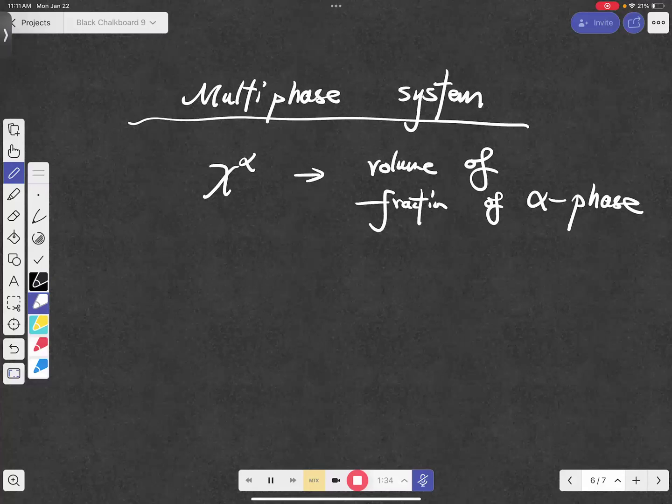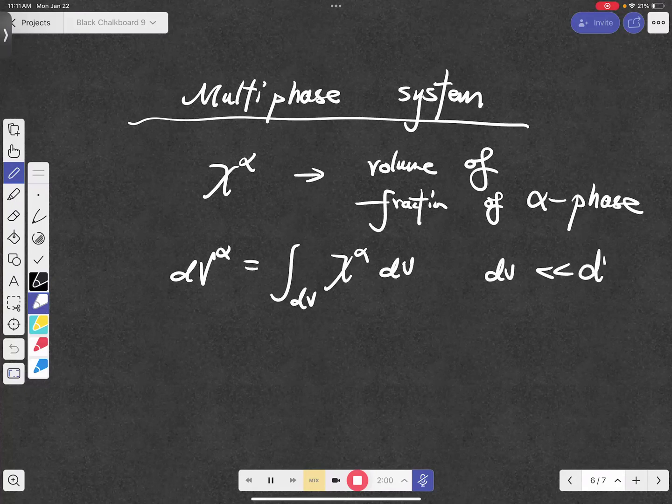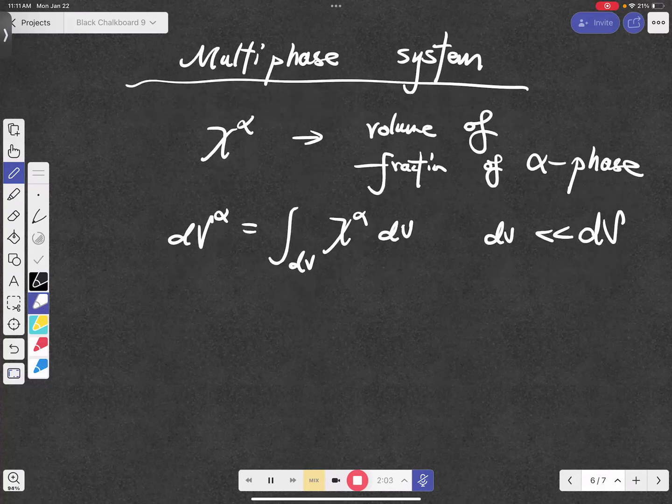For example, concrete, if you think about it very accurately, you have the host matrix and you have aggregate, you have multiple different solids. Now the same philosophy about what we did still applies, but we will have to introduce an extra term and multiple integration functions, where the small volume is much smaller than the macroscopic volume, and then there are volume fractions for the alpha term that are related to this.